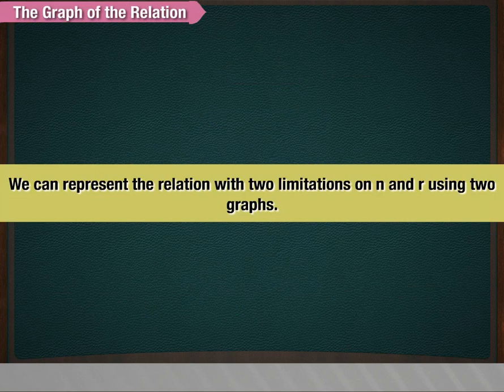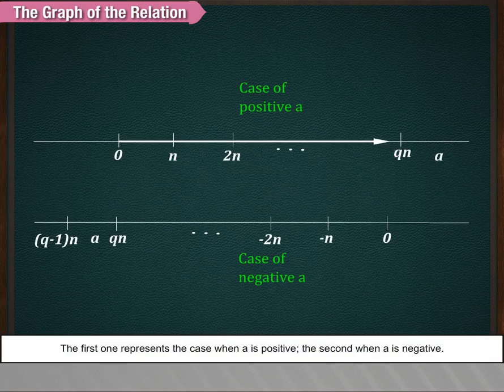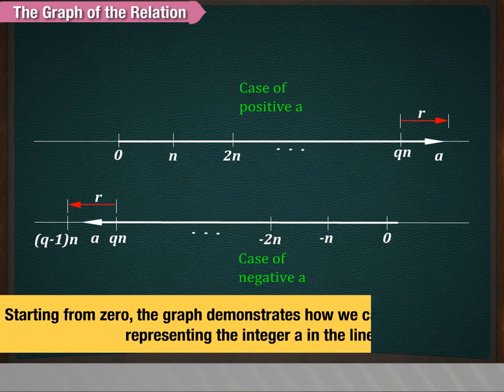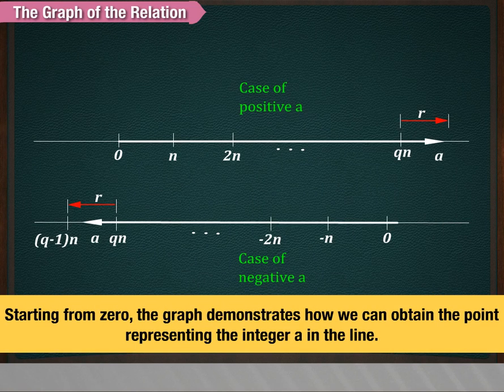The graph of the relation. We can represent the relation with two limitations on n and R using two graphs. The first one represents a case when A is positive, the second when A is negative. Starting from 0, the graph demonstrates how we can obtain the point representing the integer A on the line.